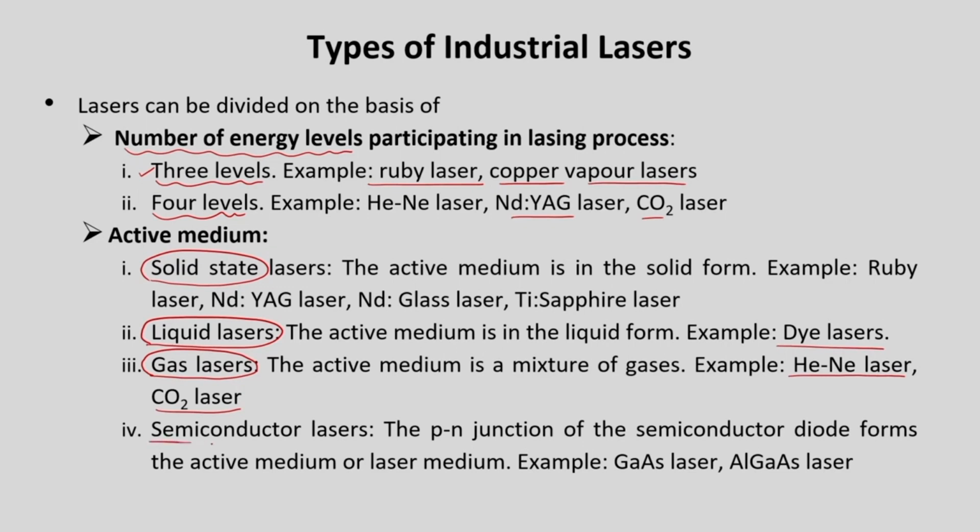When we use semiconductor material for lasing action, we call them semiconductor lasers. The PN junction of the semiconductor diode can be used as the active medium, and the examples are GaAs laser or AlGaAs laser. We will be seeing these types of lasers in our next classes.